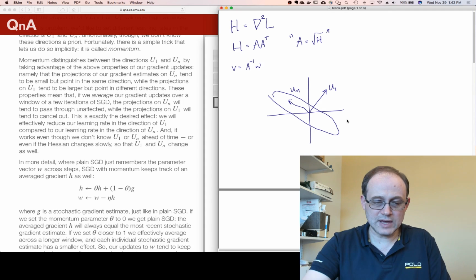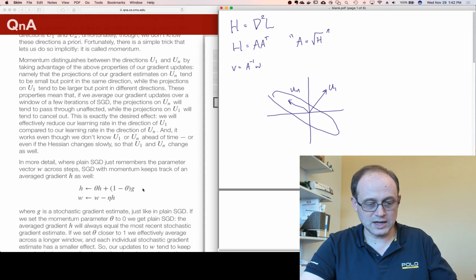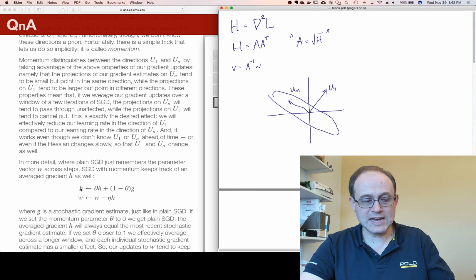So how do we do that explicitly? Here is the update. We have our gradient g, and we'll keep a vector h, which is the average gradient, and on every iteration we take theta times h plus 1 minus theta times g.